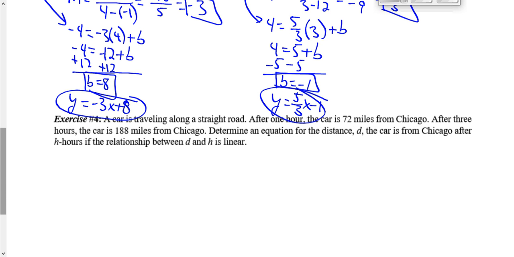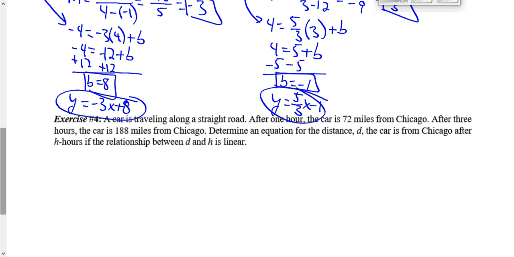Let me ask you a question. I want to determine an equation for the distance d that the car is after h hours. Generally, x is an input and y is the output, right? In this case, what are they using for an input? Which letter?